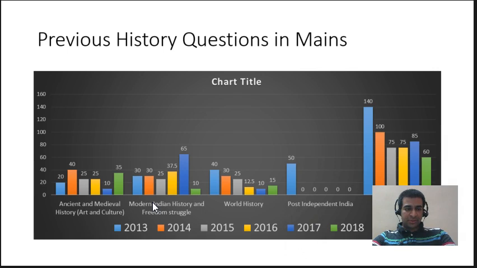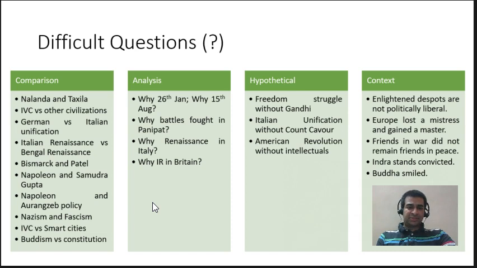Again, I have taken the majority of the questions from your history optional paper as well, but the questions which can be asked in your mains might be relatively easier. Now, coming to the type of questions which can be asked in the mains examination, I call them non-conventional questions, where the majority of the students find it very demanding, or with their preparation they are not able to do that, because the majority of the students, as I told, have stopped reading history after their schooling.